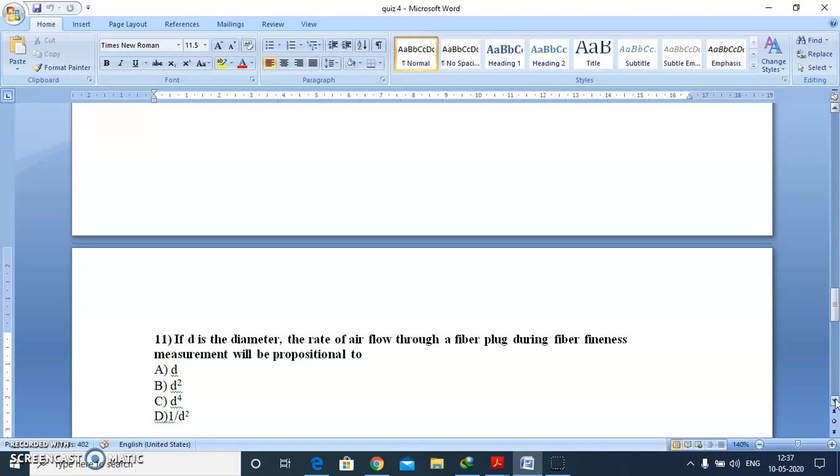We know that rate of airflow is directly proportional to fiber denier, and dia of the fiber is directly proportional to square root of denier. So the rate of airflow will be directly proportional to dia square, that is option B. So we'll go with option B here.